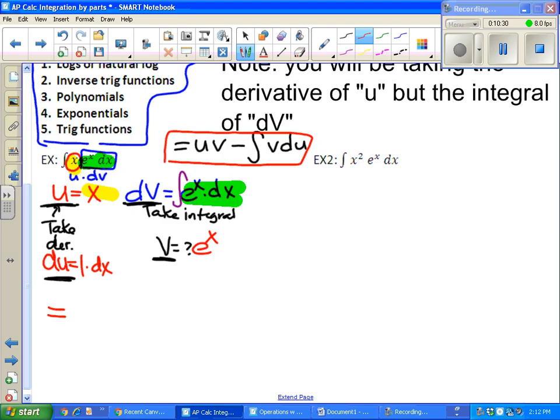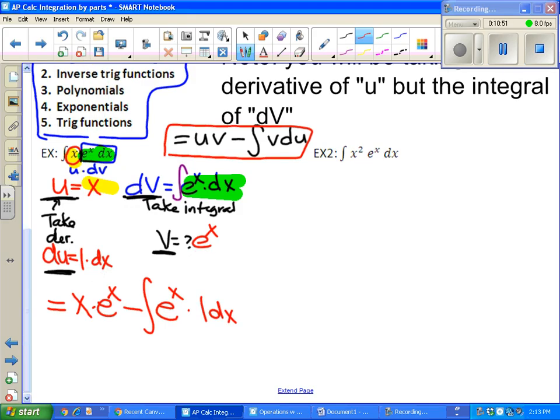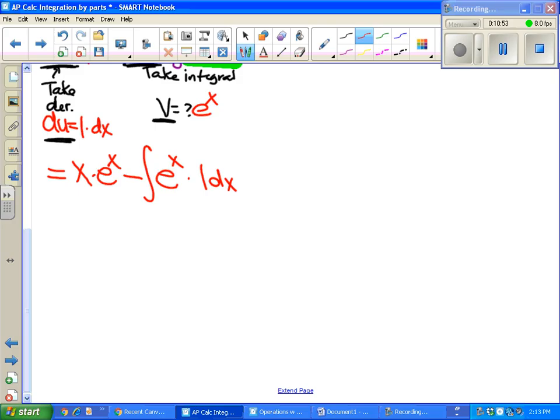It equals the u term, which is x, times the v term, which turns out to be e to the x. I don't have to do anything with it, I just multiply those. Minus the integral of v du, which is the last bottom two parts: e to the x times 1 dx. Now, I can actually work this out. I hope that I can take the integral of the second part.